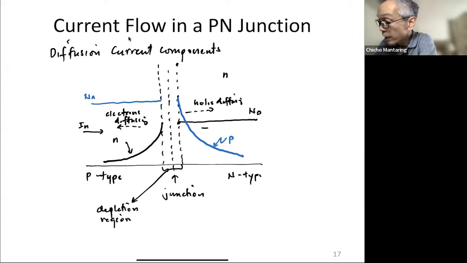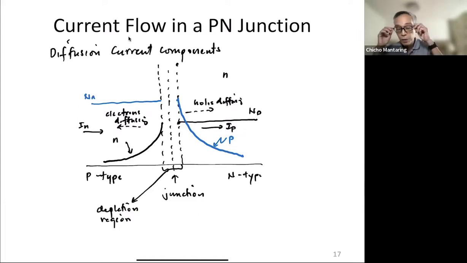No? Also a current flowing this way, because your current direction is equal to the direction of flow of holes. No? So net, I have a current flowing from my P type to my N type, and that is due to diffusion.